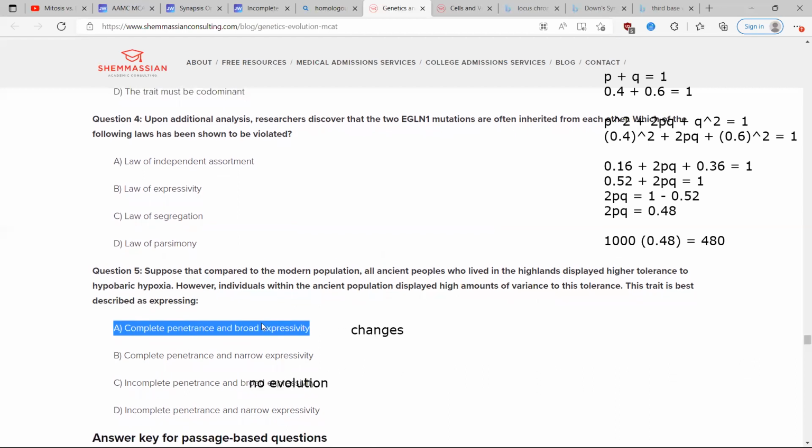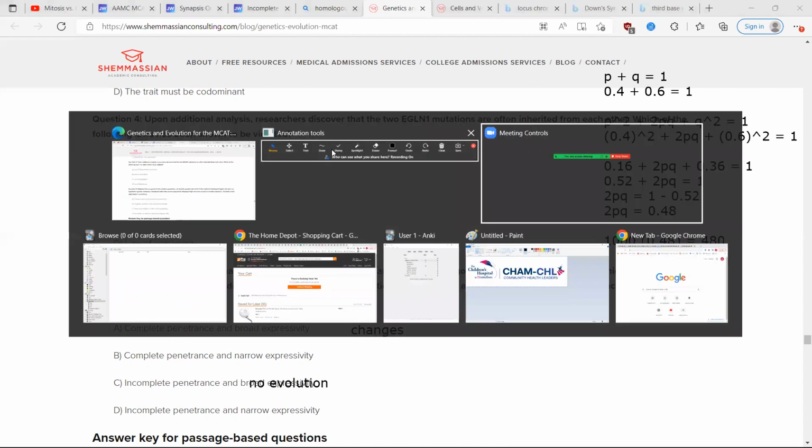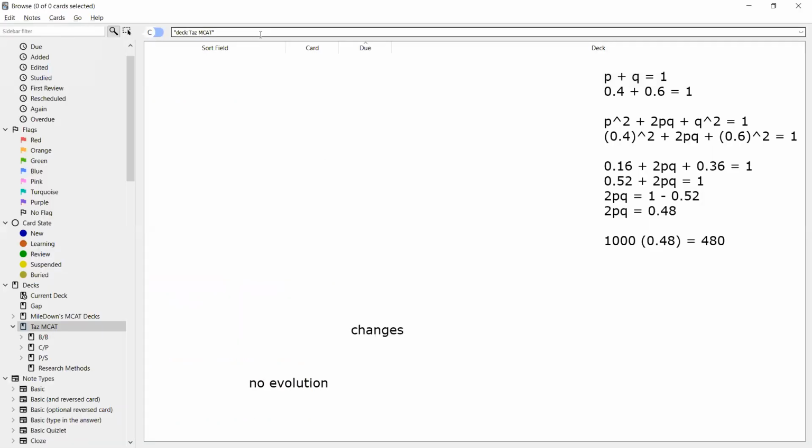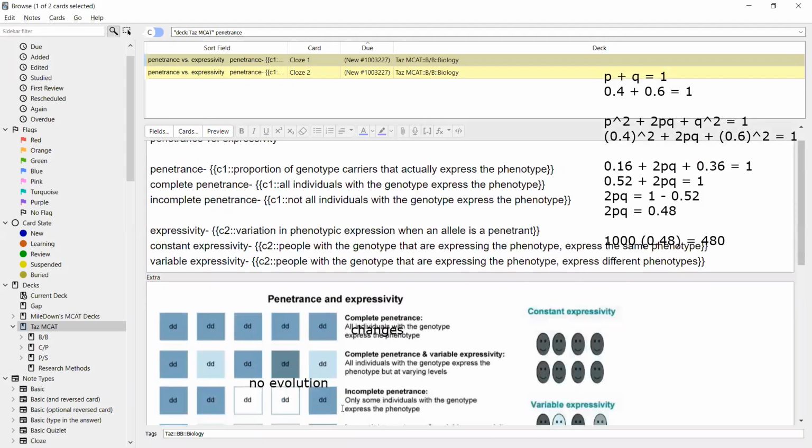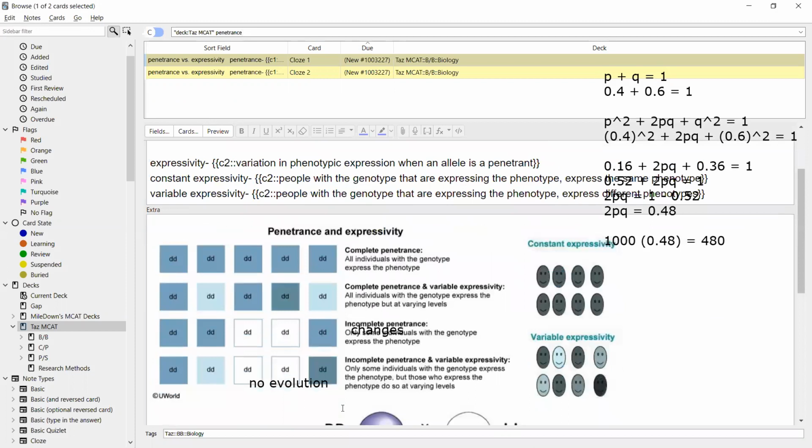Okay, so now we can review our answer choices. So penetrance, if we go back, incomplete and complete.